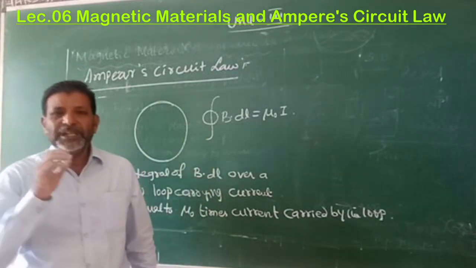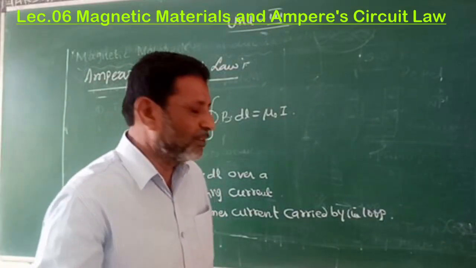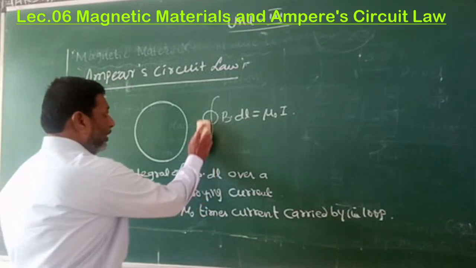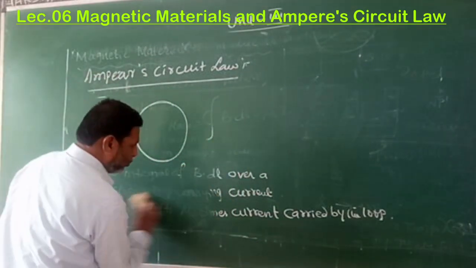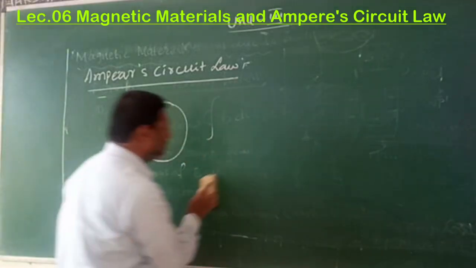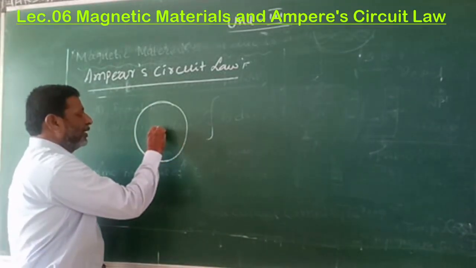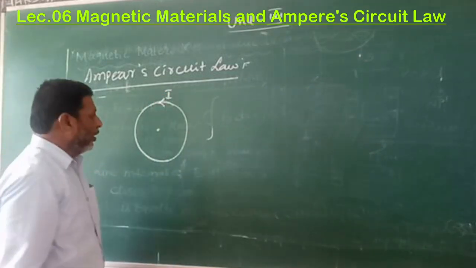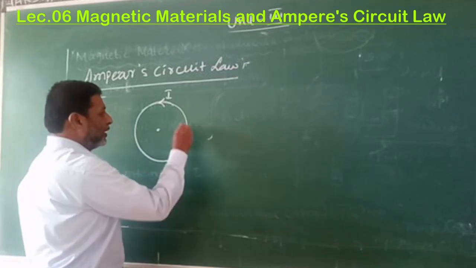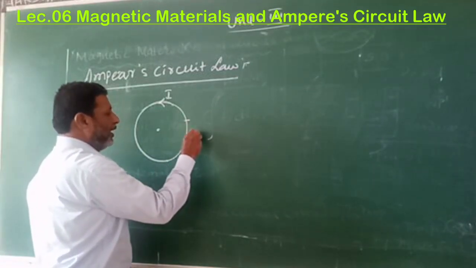Very easily, we can prove this law. It is not so difficult. Now, for the proof of this one, let us consider this is a closed loop. Let us consider this is a small length of conductor.